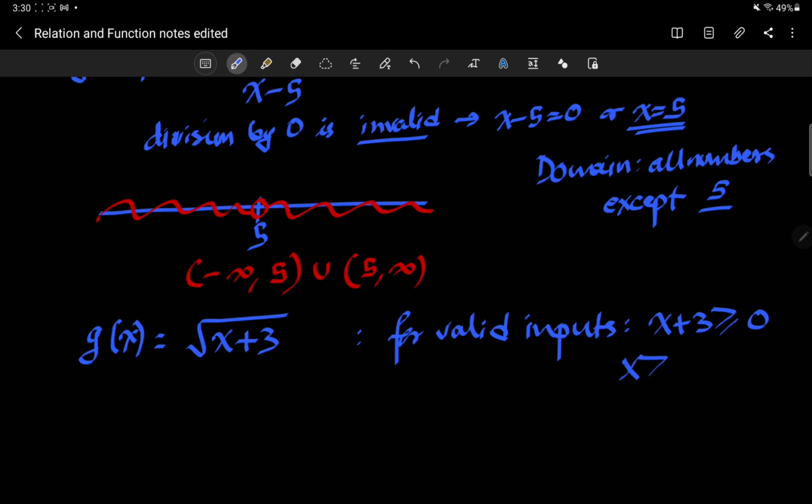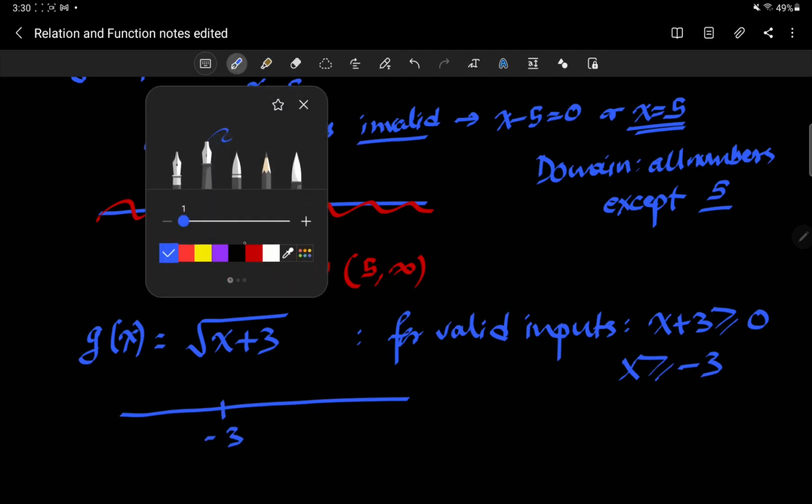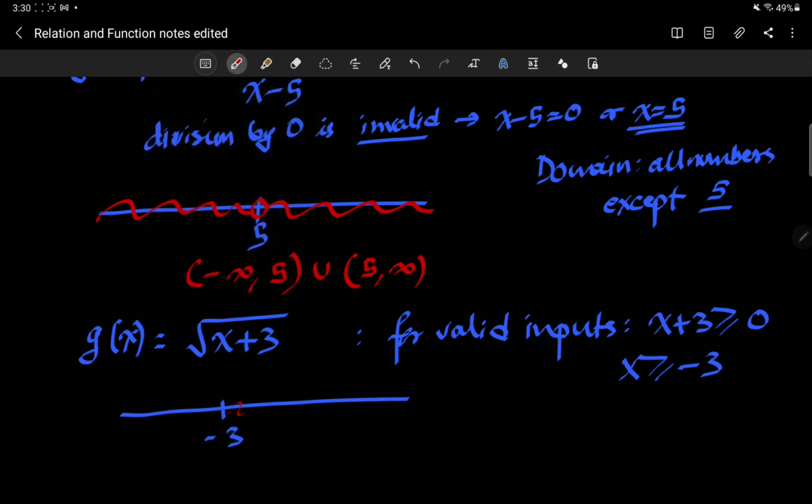And that gives you x is greater than or equal to negative 3. On the number line, that would be negative 3, and because it's equal to, this would be solid, and because it's greater than, it would be to the right. So square bracket at negative 3, to infinity.